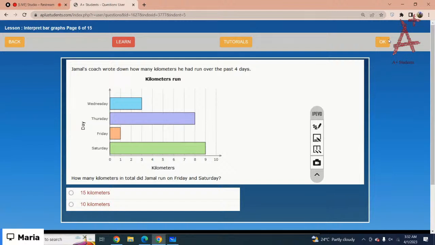So just add them, 9 plus 1. The correct option is 10 kilometers. So just select the correct option and click on the OK button.